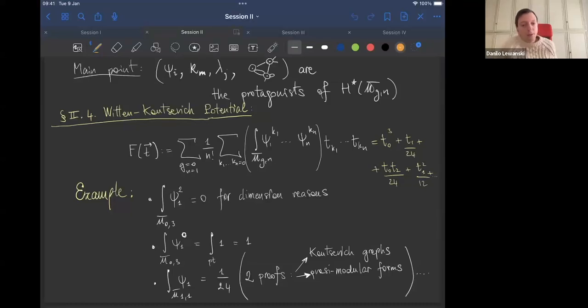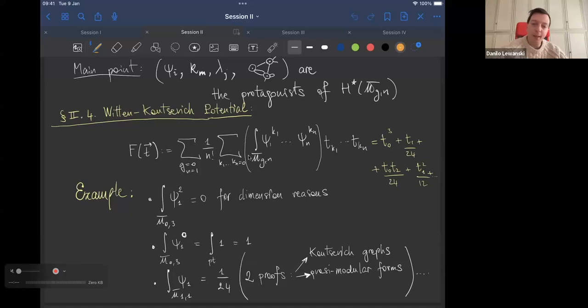Okay, so just as a reminder of what we've done in the first slides of yesterday, we consider this Witten-Kontsevich potential. This Witten-Kontsevich potential is just the generating series of all the integrals of psi classes. So you can just take the integral over M_g,n bar of psi 1 to the power k1, psi 2 to the power k2, up to psi n to the power kn.